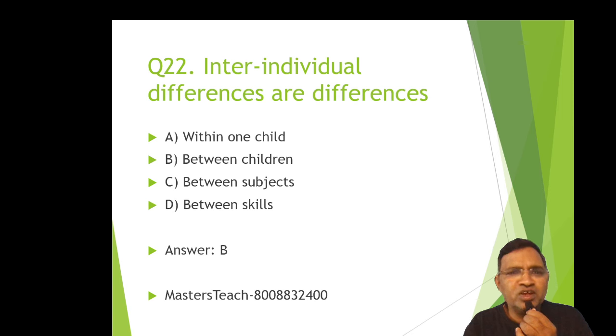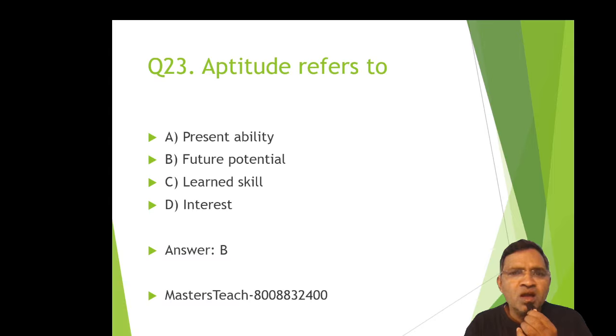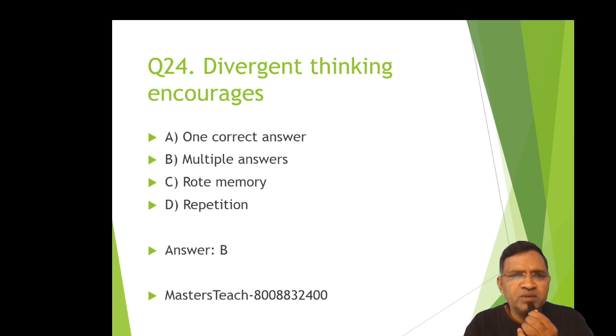Then inter-individual differences: A, within one child, B, between the children, C, between the subjects, D, between the skills. The answer is between the children. Quite opposite to previous question. Aptitude refers to A, present ability, B, future potential, C, learned skill, D, interest. The answer is future potential. Aptitude refers to future potential.